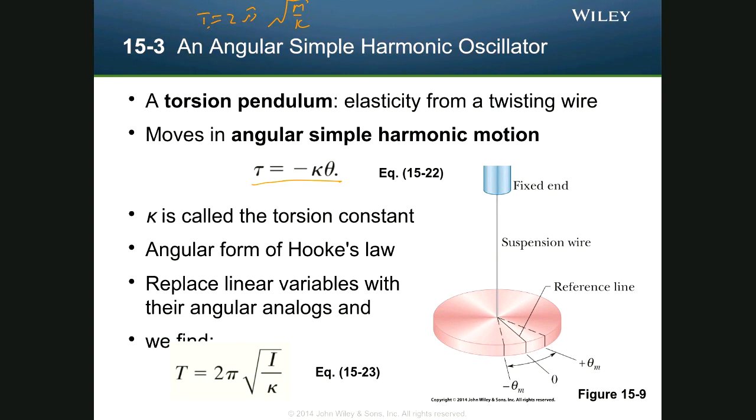This is an angular form of Hooke's law. So because of that, m will go to I, and k will go to kappa, sort of the script k. When we do that, we very readily find that our period will be equal to 2 pi times the square root of the moment of inertia over the kappa constant. So that is the period for a torsion pendulum.